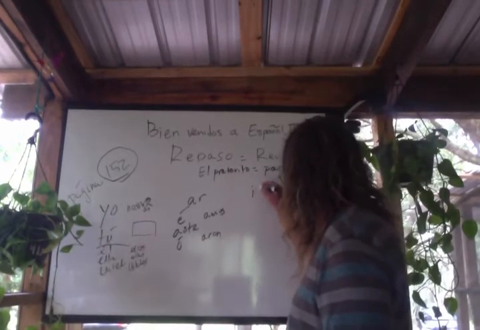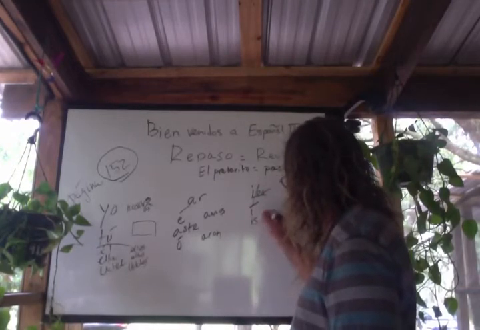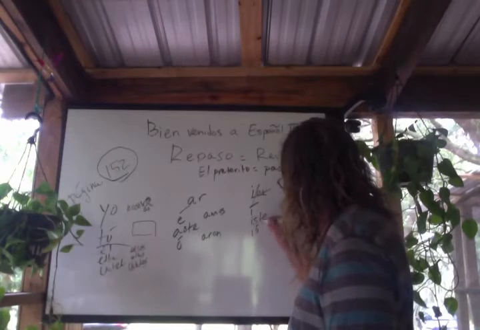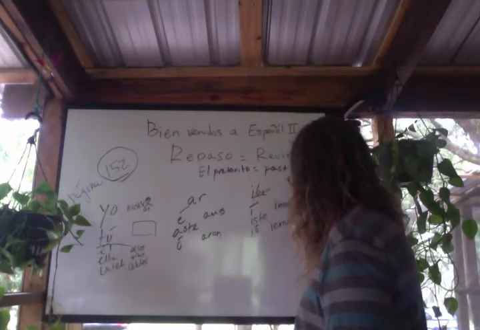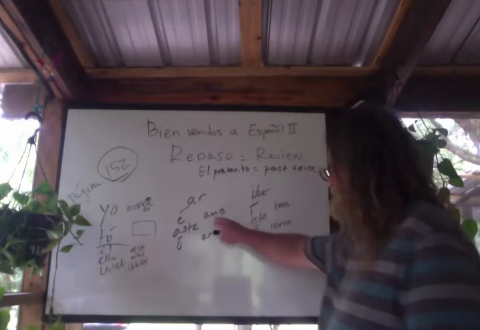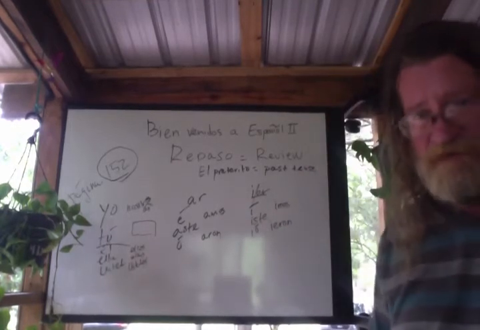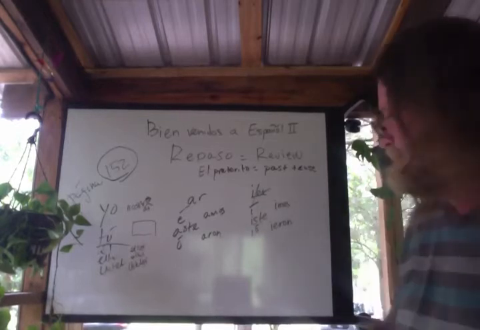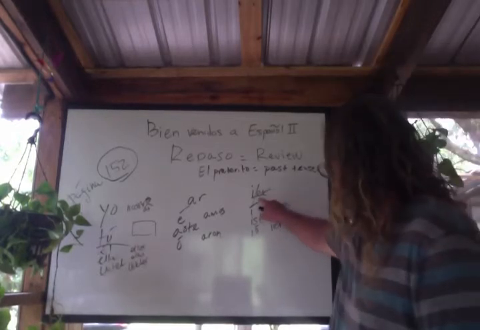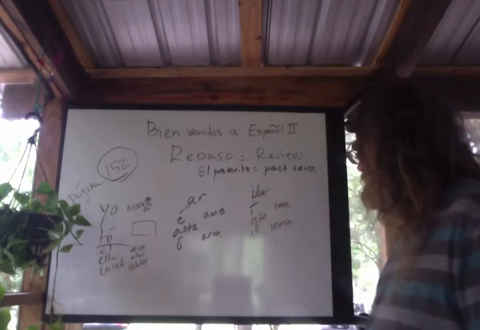And for IR and ER verbs, it's í, iste, ió, imos, ieron. You notice that the amos and the imos are the same as in the present tense for IR verbs and AR verbs. It's just that ER verbs take on the conjugation of the IR verbs in this.